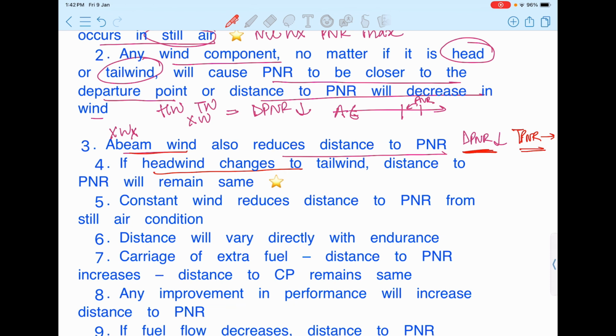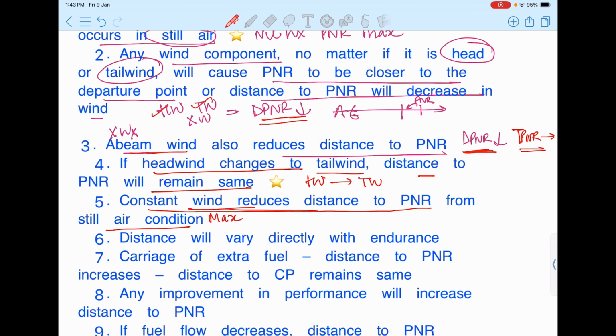If the headwind changes to tailwind, the distance to PNR will remain the same. Of course, because in case of headwinds and tailwinds, both the distance is reducing. So it doesn't matter if it's headwind or tailwind, the distance will reduce. The constant wind reduces the distance to PNR from still air condition. Yes, because in still air condition, it was maximum.